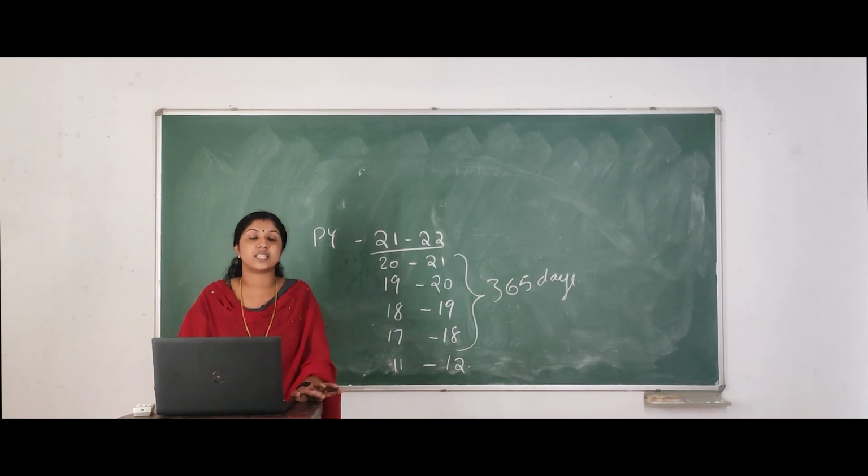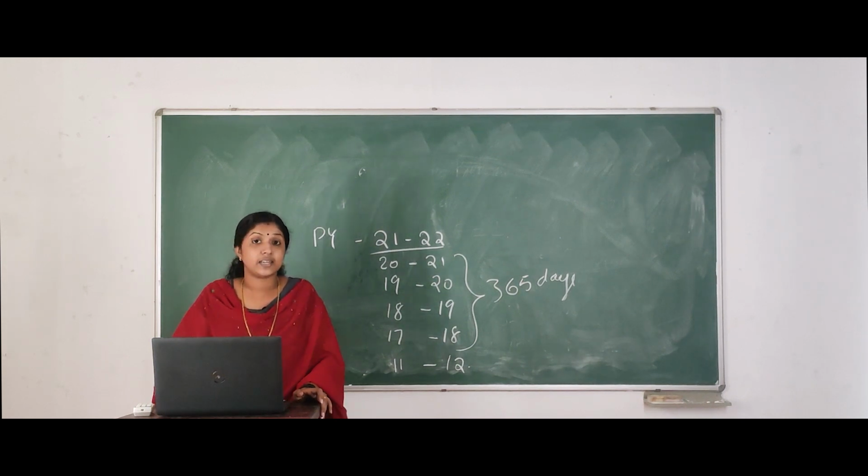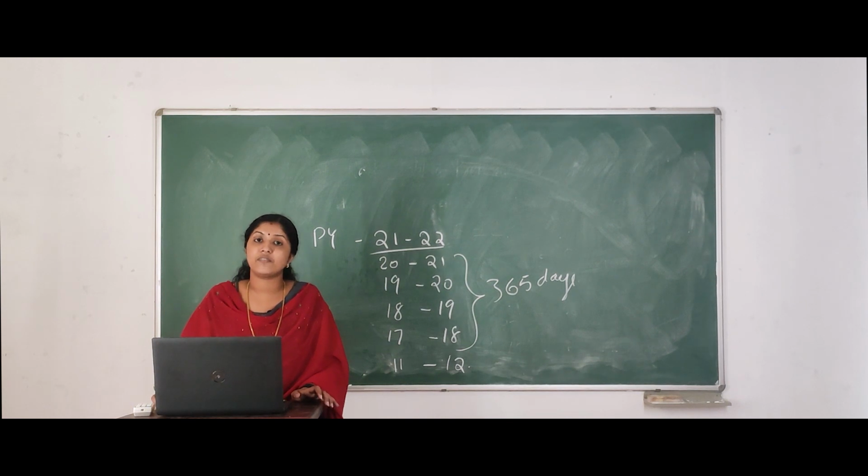In normal cases 1 year is equal to 365 days, but for tax purposes 1 year is equal to 182 days. That means if a person stayed in India for at least 182 days or more, we can say he is a resident in India.